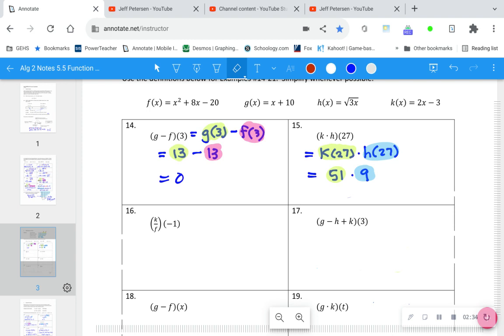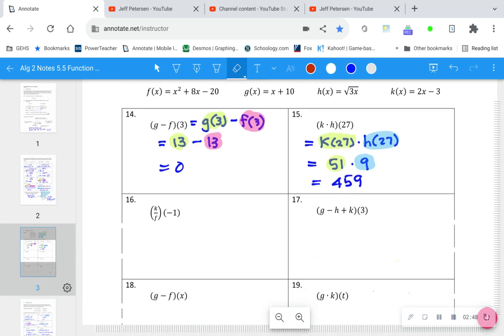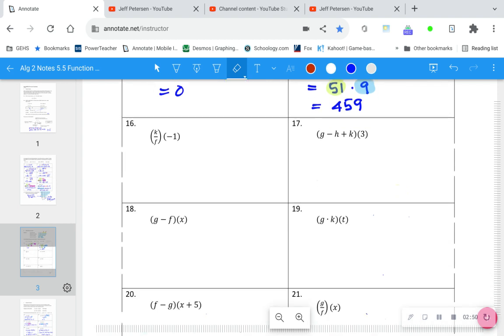And then on the other side, you're going to be plugging in 27 right there. 3 times 27 is 81, then you square root the 81, you get 9. And all there's left here is to do a little bit of multiplying. 459.